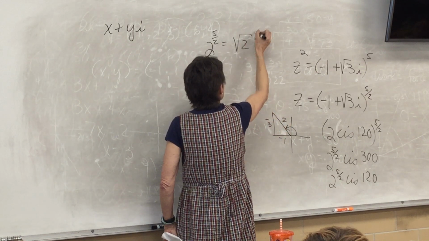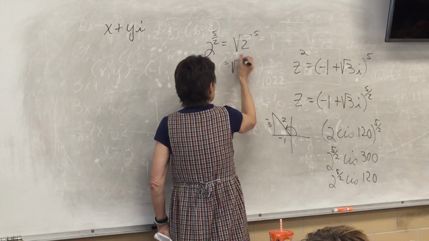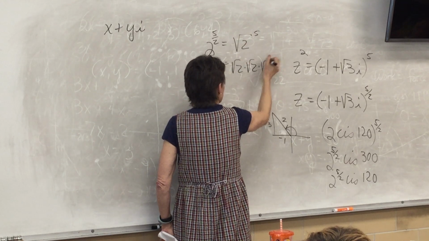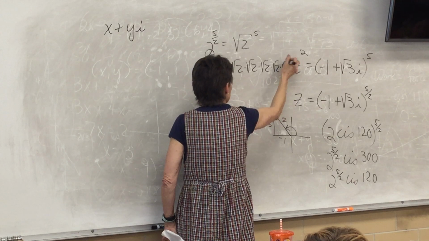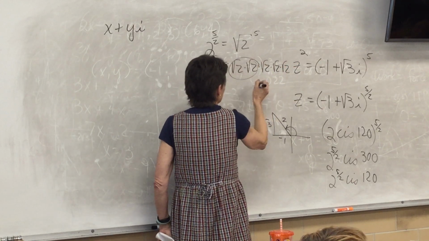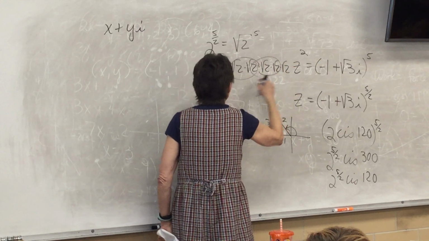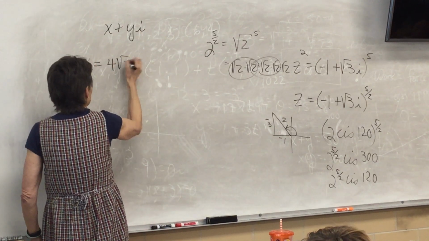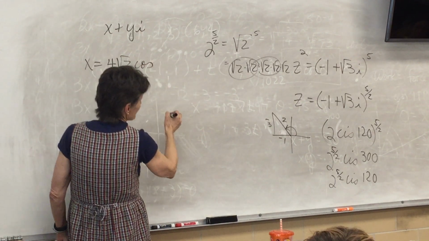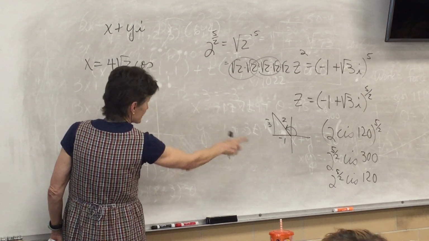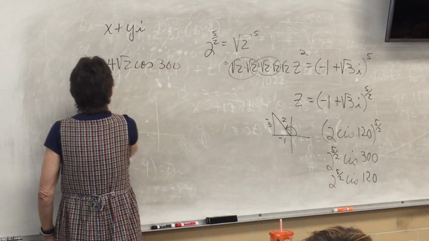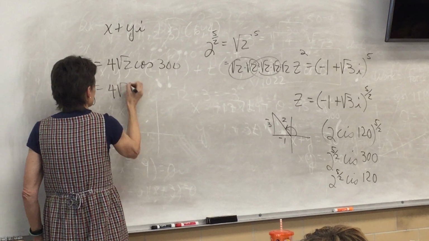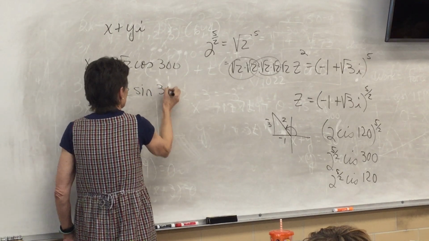Square root of 2 to the 5th power, which is root 2 times root 2 times root 2 times root 2 times root 2. 2 times 2, so 4 root 2. So x is 4 root 2 cosine 300. And y is 4 root 2 sine 300.